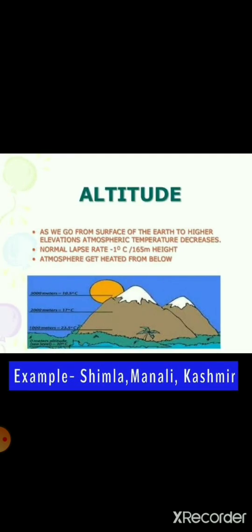When we talk about the second factor, that is altitude. In simple language, altitude means height from the ground level. As we go from surface of the earth to higher elevation, atmospheric temperature decreases. Atmosphere get heated from below. Just to get this point clear, we can take example of hill stations like Shimla, Manali and Kashmir.